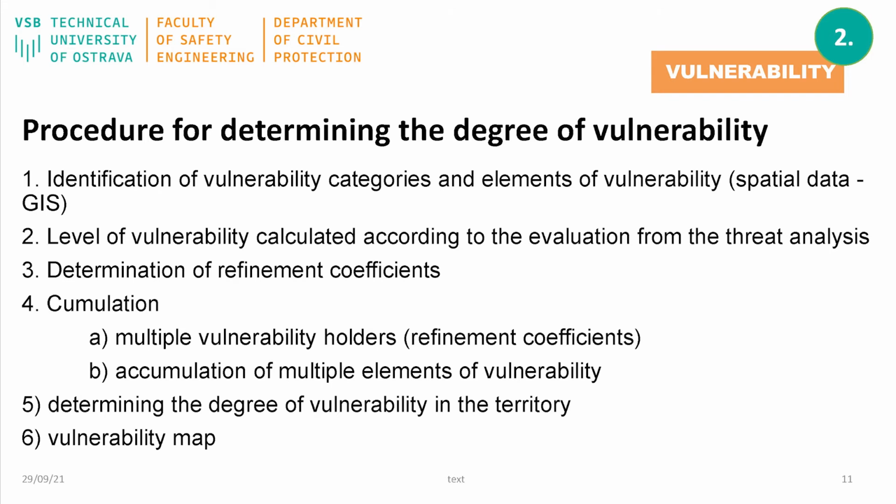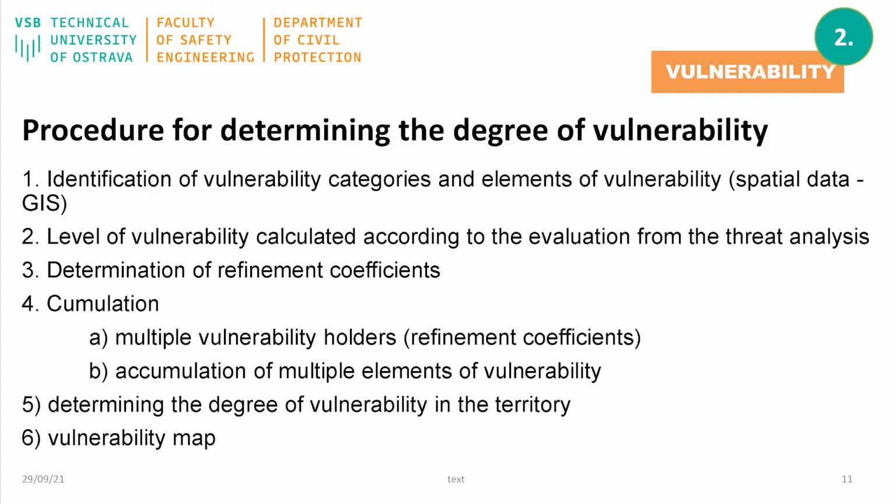Next is the level of vulnerability, calculated according to the evaluation for the threat analysis, because we take more of the information from the threat analysis in the Czech Republic. This is the first step to evaluate the risk in the territory. And we determine the resilience coefficient, which is a good point too.